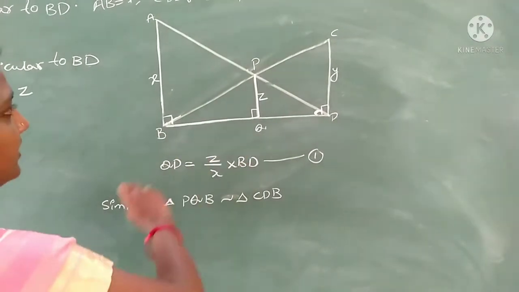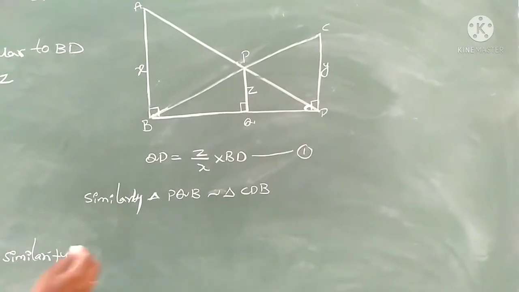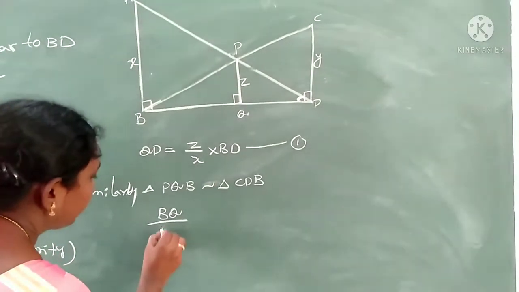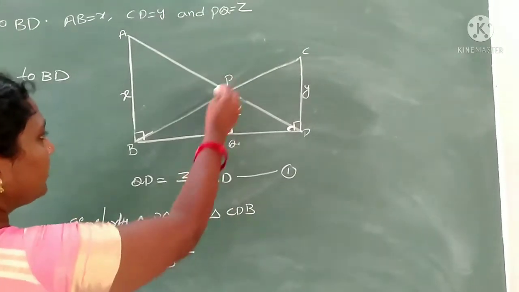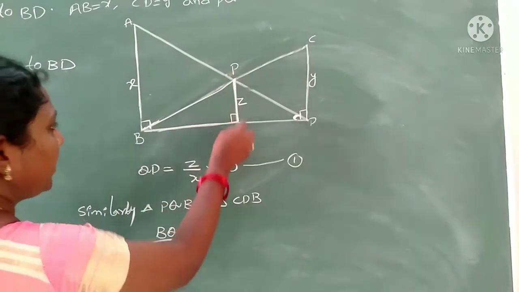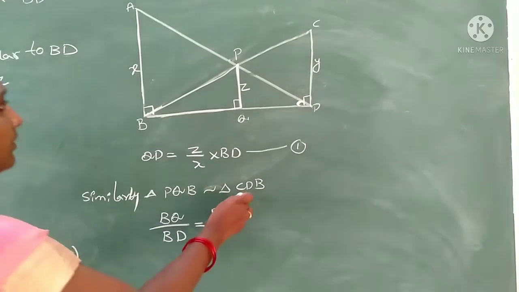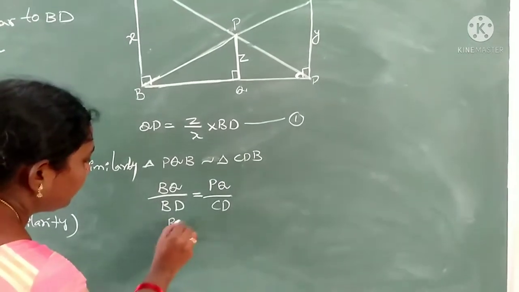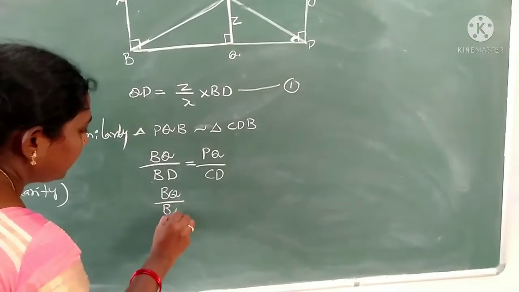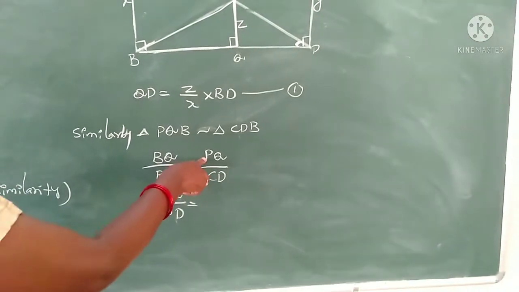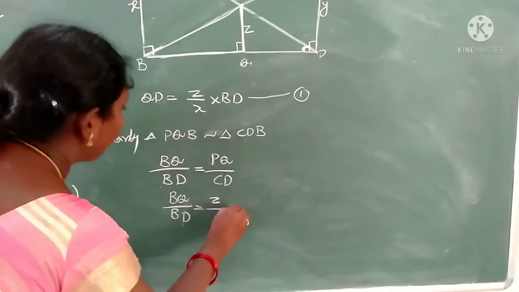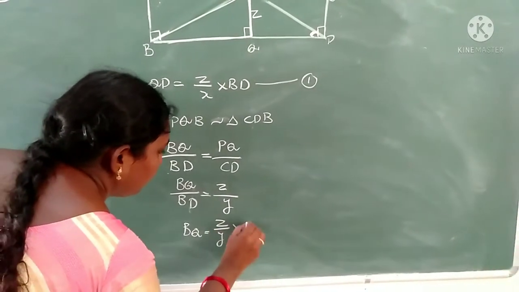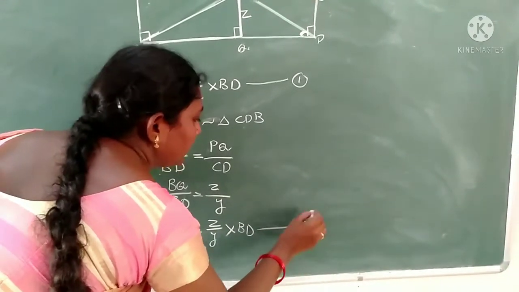First we write BQ by BD equals the small triangle's PQ by the big triangle's CD. Next, BQ by BD equals PQ value z by y, so BQ equals z by y into BD. This is equation 2.